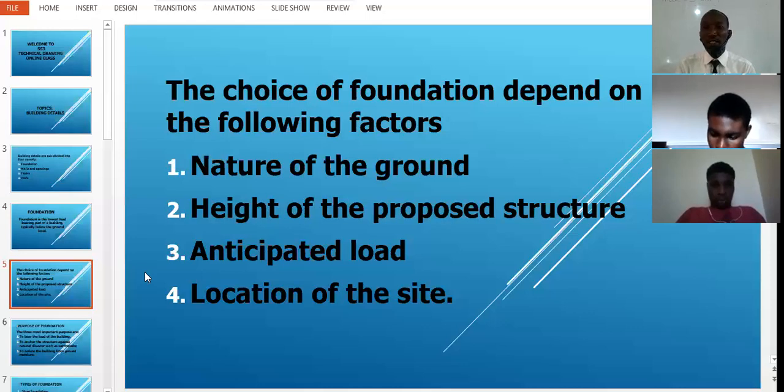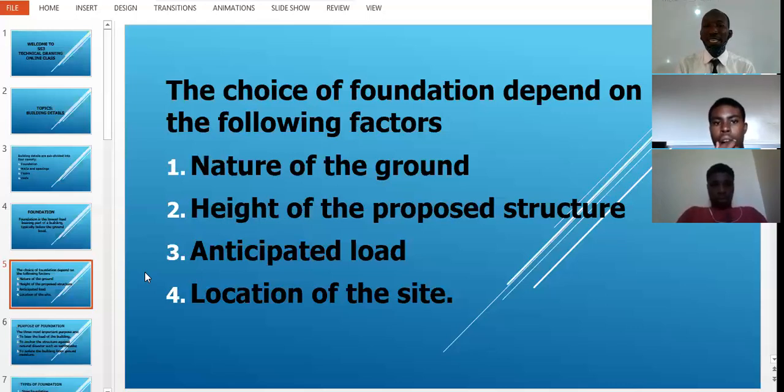What is the height? Remember that we say foundation is the load-bearing part of the building. So you need to consider the height of the structure, because the higher the structure, the more the weight.